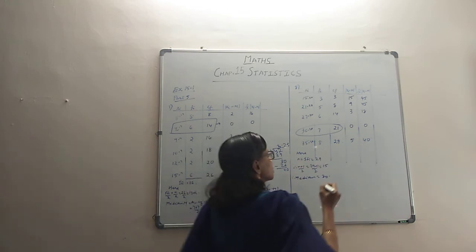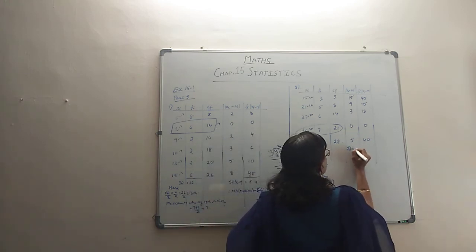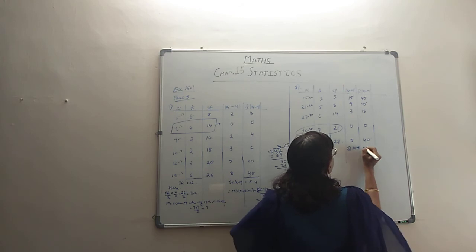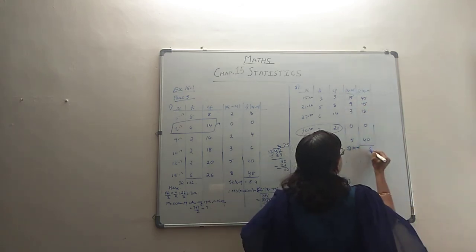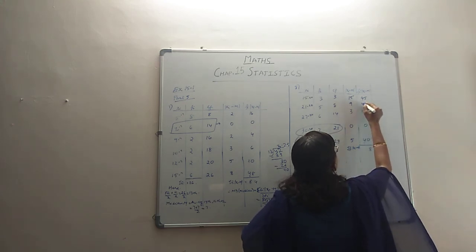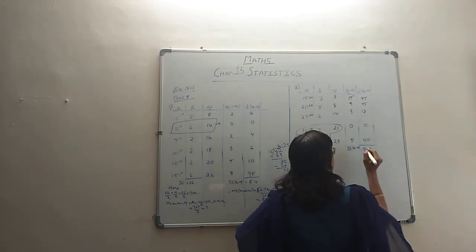So let's look at the sum of it. Summation fi times modulus of xi minus m. How much does it come to? 5 and 5, 10, 10 and 8, 18, 1 carry 5, 6, 10, 14, 148.